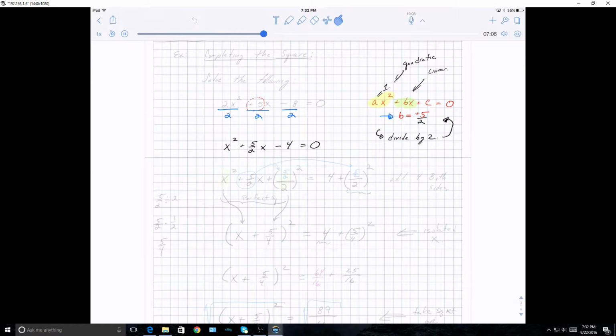So we're just going to do x squared plus 5 halves x, and that will all equal 4. So we just add 4 to both sides. Well, let's change that.